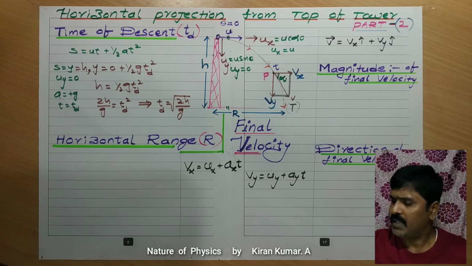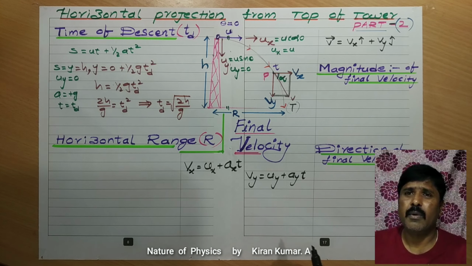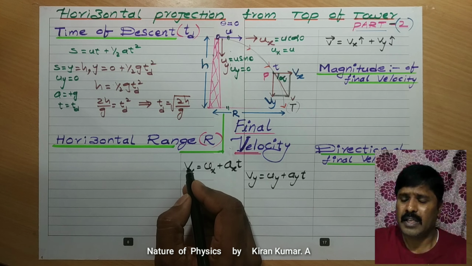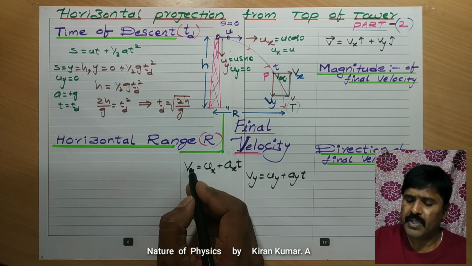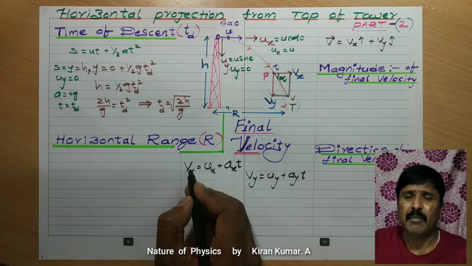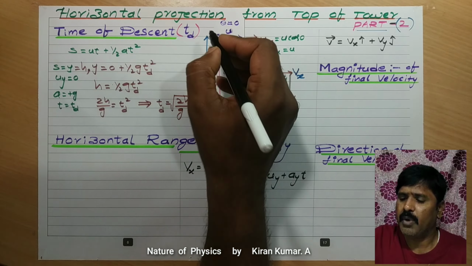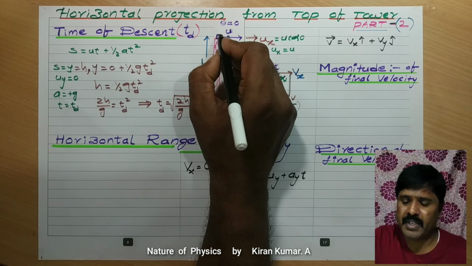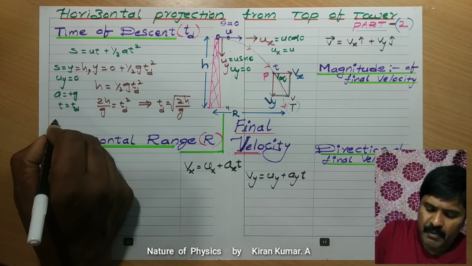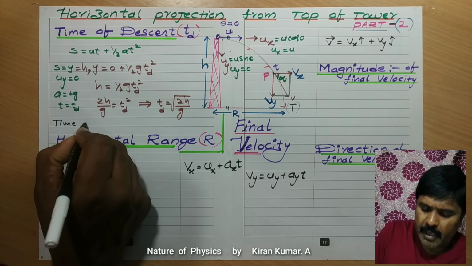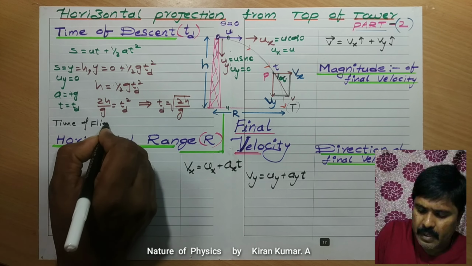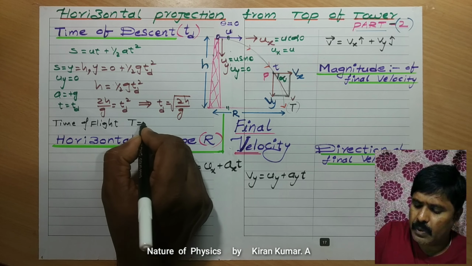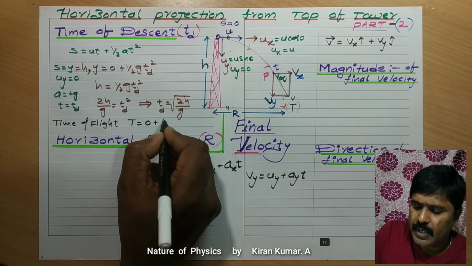Here time of ascent is equal to 0 and we have only time of descent. That's why time of flight, which is equal to time of ascent plus time of descent, because here the body is projected from the top of the tower, so there is no time of ascent, student. So time of flight capital T is equal to 0 plus td, student.